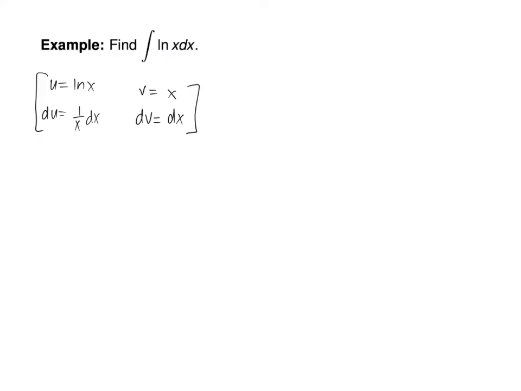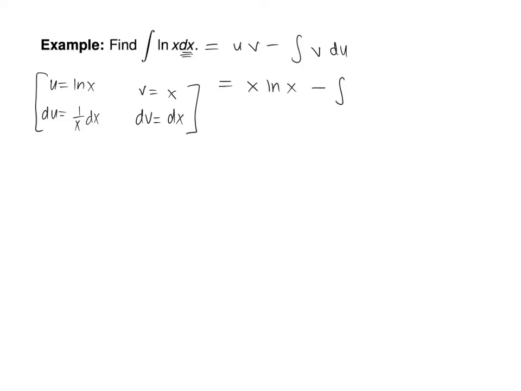So the kicker there is that when doing integration by parts, you can let dv equal dx. That's a legit choice, okay? So this equals uv minus the integral of v du. Okay. So uv is x ln x, right?